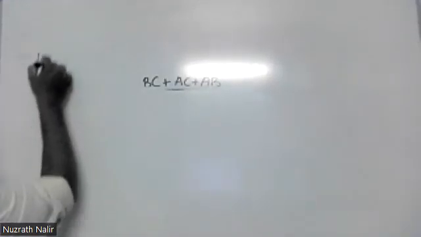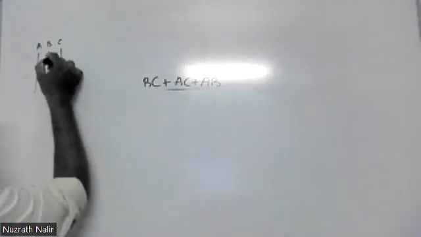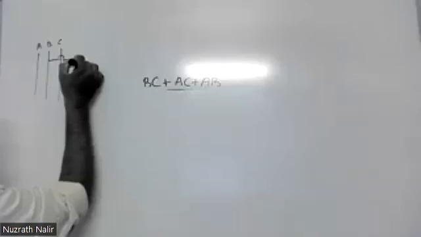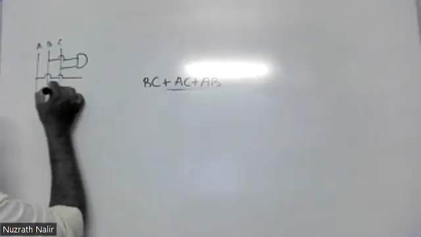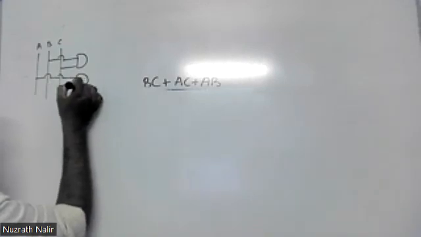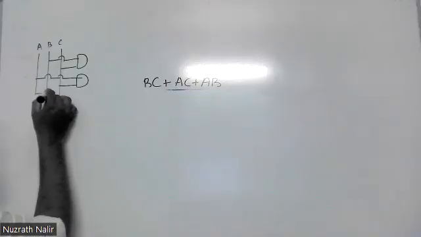So A, B, and C. First is BC, second is AC, third one is AB.